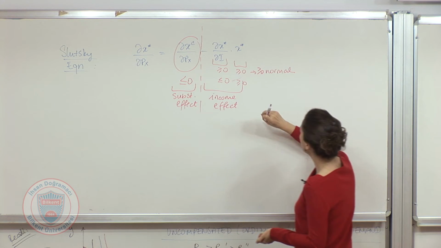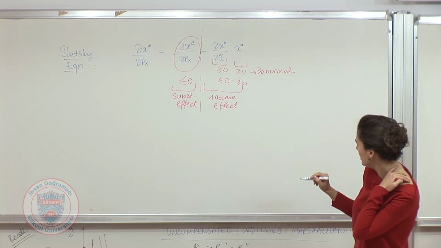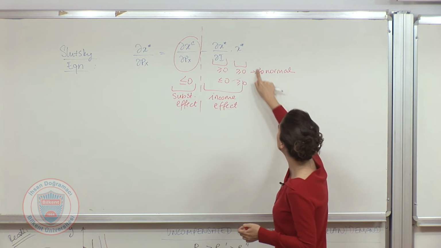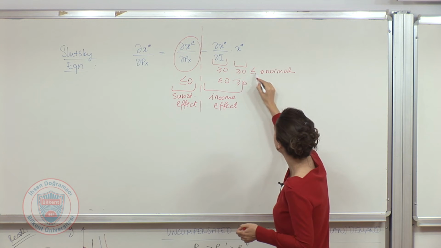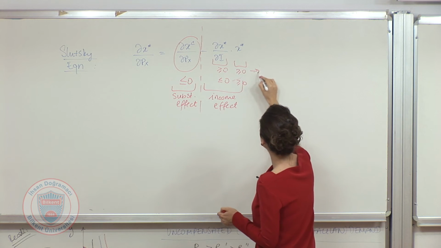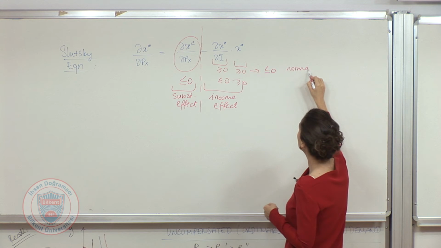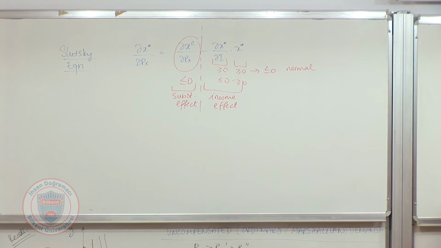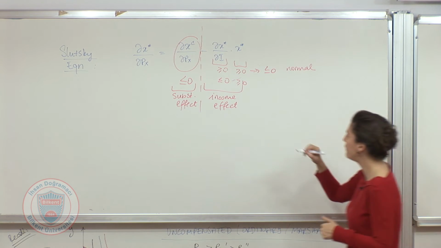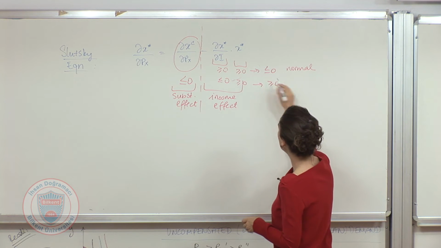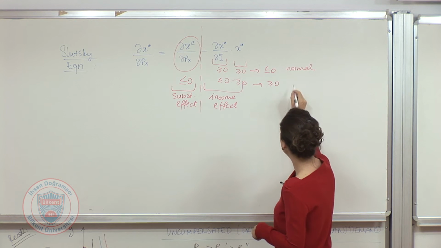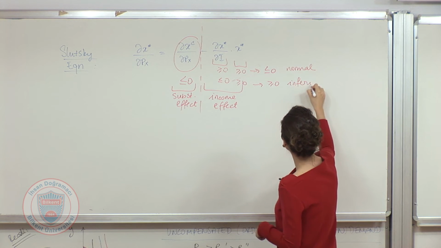Oh yeah, sorry. So what did I do? This is positive, yeah. So this is negative, right? So let's put it like this. The income effect will be negative if it's normal, so that the effects go in the same direction, okay? And if it's an inferior good, then this is going to be positive. The income effect would be positive if it's an inferior good, okay?